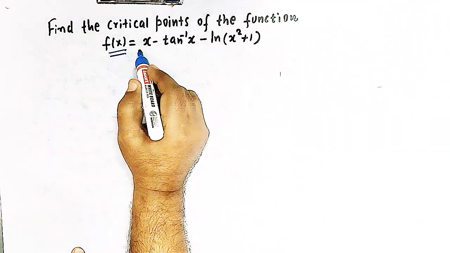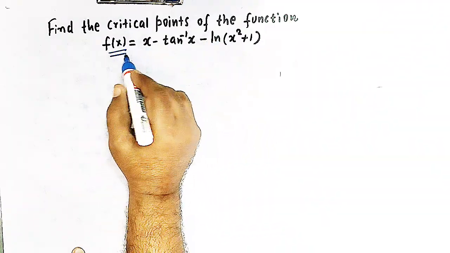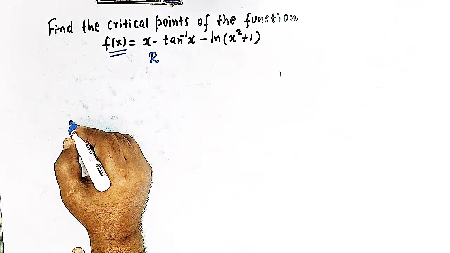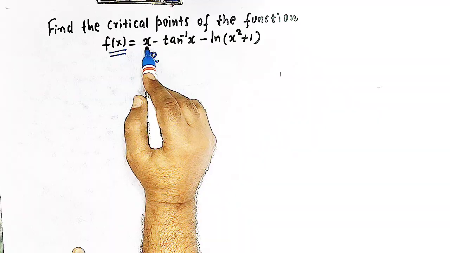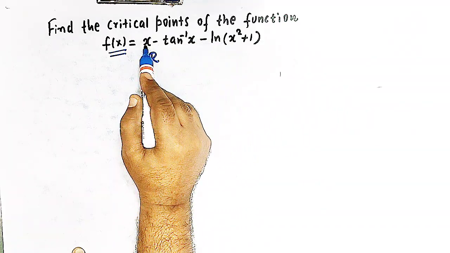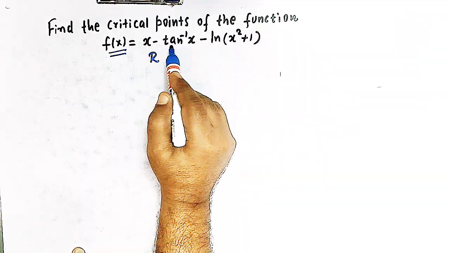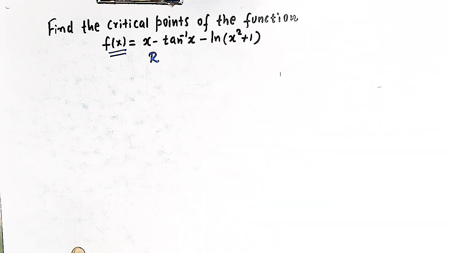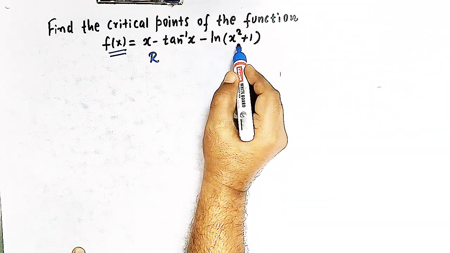So here we can see that the domain of this function f of x is given by the set of real numbers, right? Because this function consists of three functions. Here we have x, which is a polynomial function. Here we have tan inverse x, which is an inverse trigonometric function, and here we have the logarithmic function.